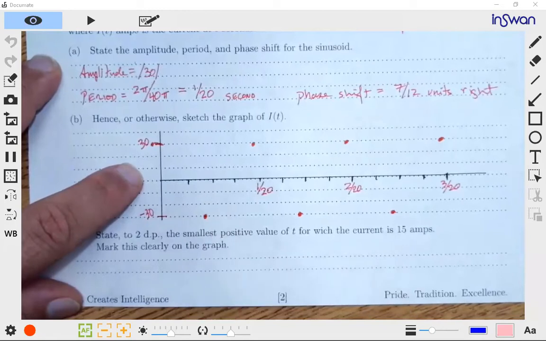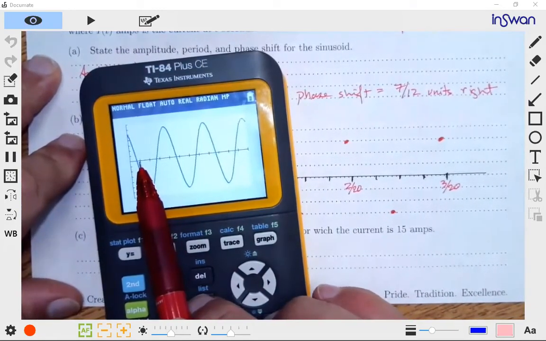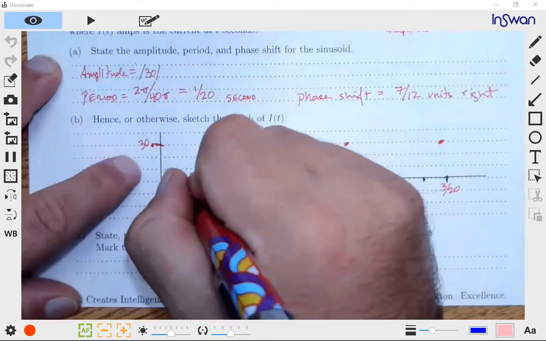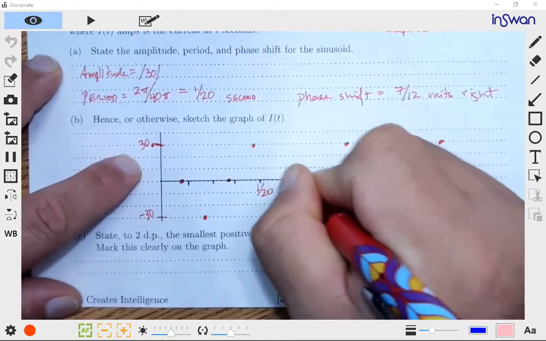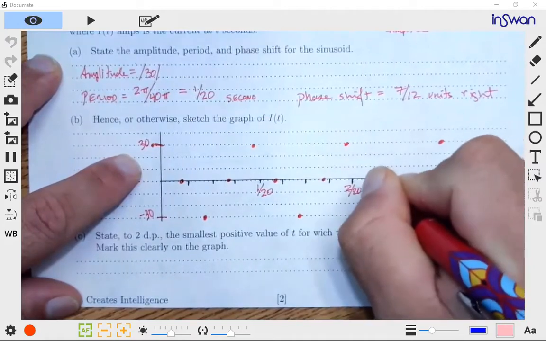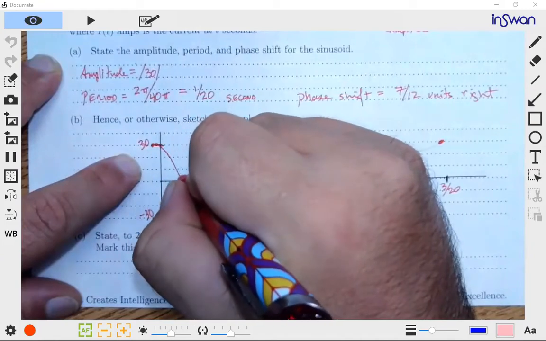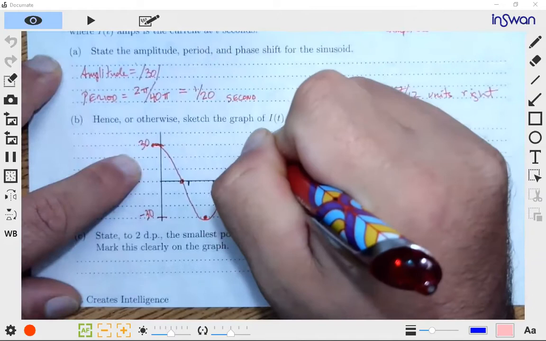Then at a quarter, I would have where I'm crossing near the x-axis, and if I look, I can see that I cross near the x-axis just before those quarter marks. I keep on following my pattern. Now I can connect the dots with my graph.